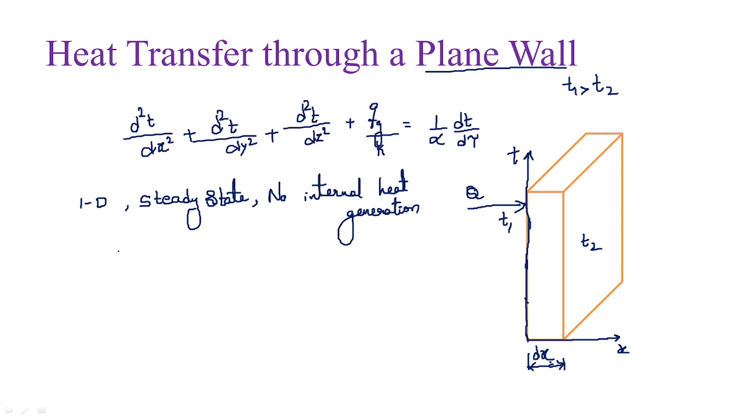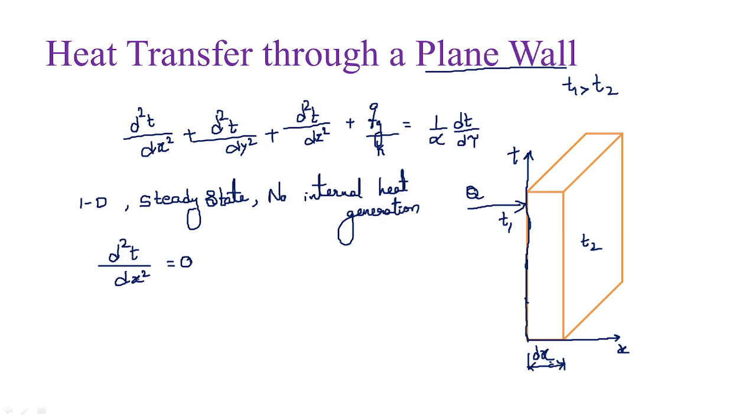One-dimensional means y and z axes we don't consider, so only d square T by dx square remains. No internal heat generation, so Qg becomes 0. Steady state means dT by d tau becomes 0, so the RHS also becomes 0. Finally the equation reduces to d square T by dx square is equal to 0.